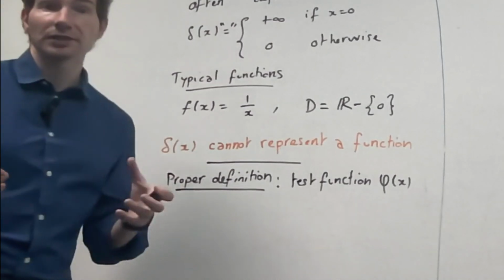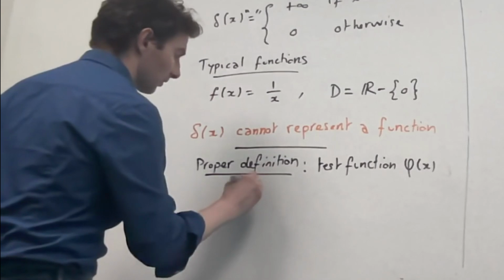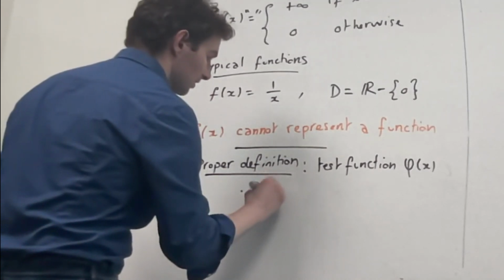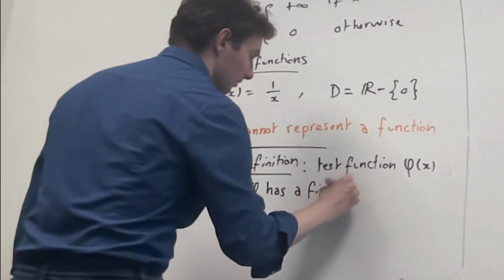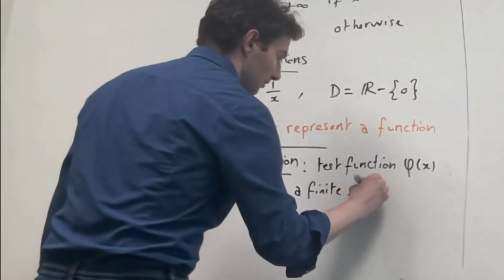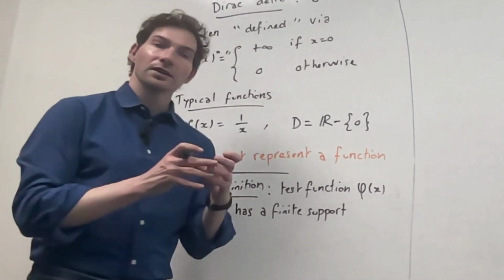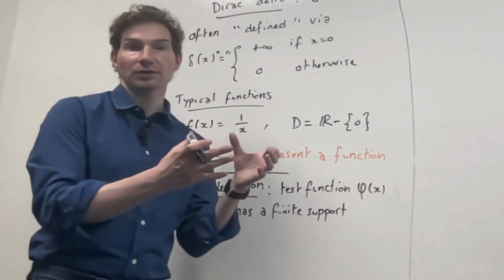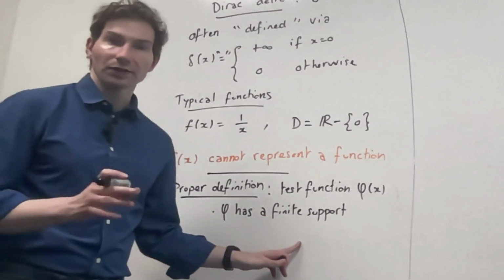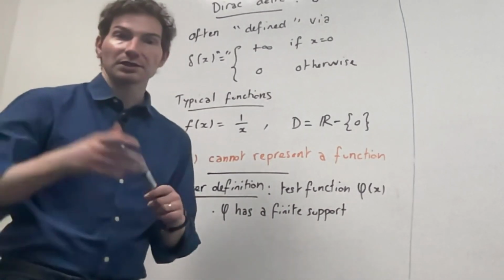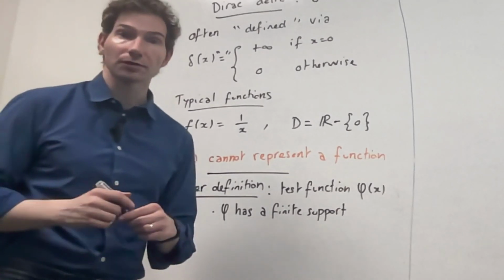And phi of x usually needs to have some properties. So if you want these test functions, phi has a finite support. That's where support here means the region of its domain of definition where it's non-zero, okay? Or an acceptable choice in some cases is that it decays very fast to 0 without having a finite support, okay?